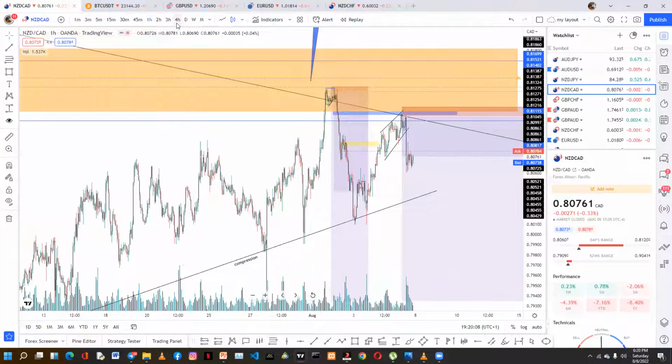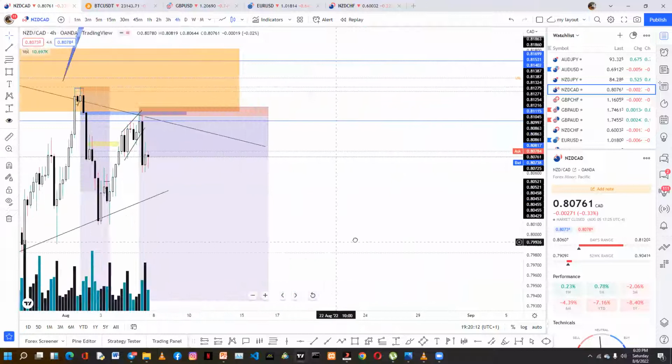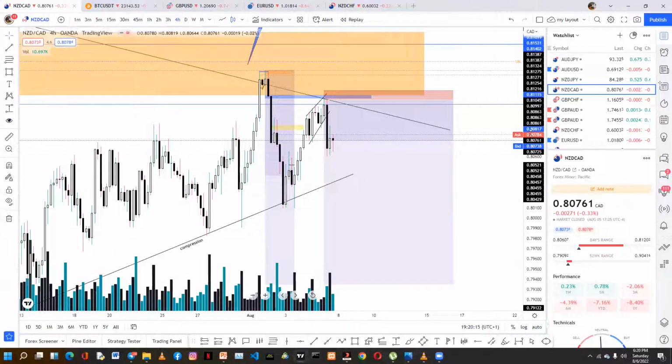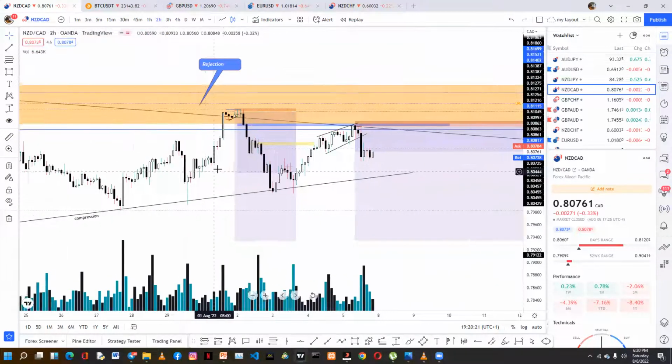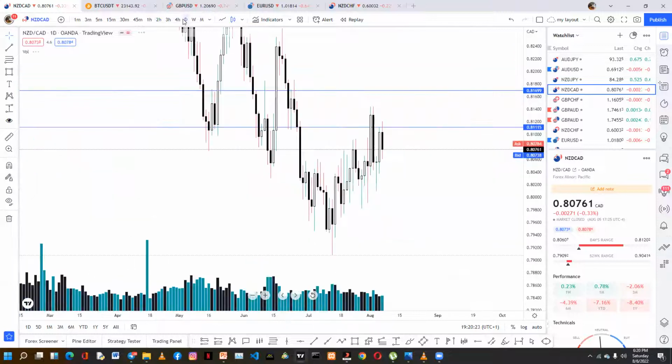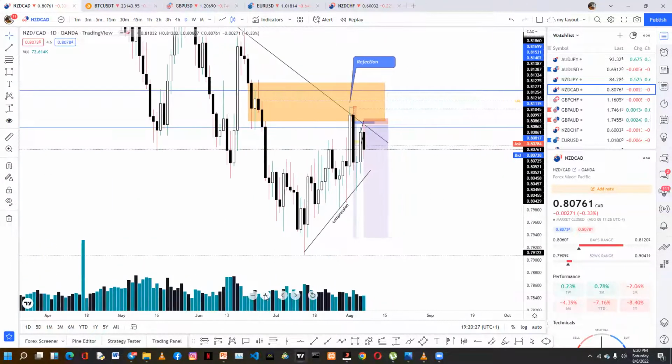So me marking an area here, an area somewhere, I think 2 hour. Okay. So you saw me marking this area.